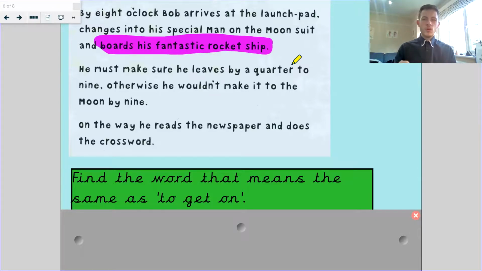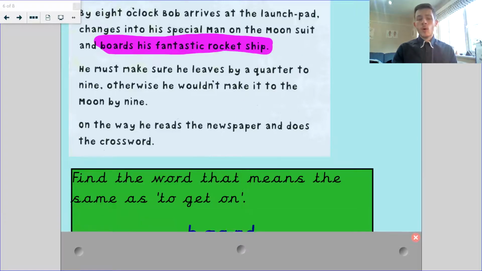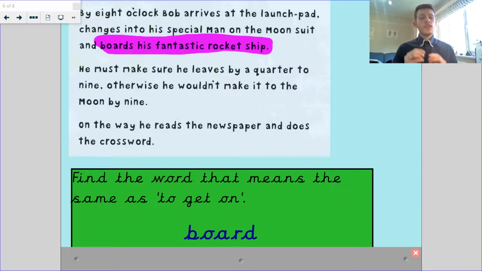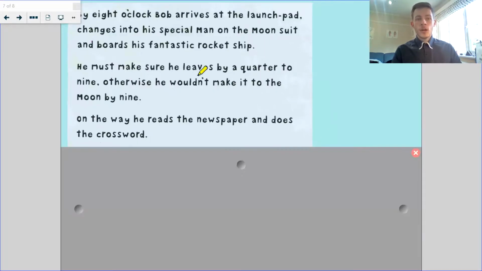So what is the word that means the same as get on, to get on something? Well, the word would be board. Now, board is not the same type of thing as cardboard or anything like that. It means to get on. If you board a train or an airplane or a ship or a ferry, you get on by boarding it. Okay, here we go.